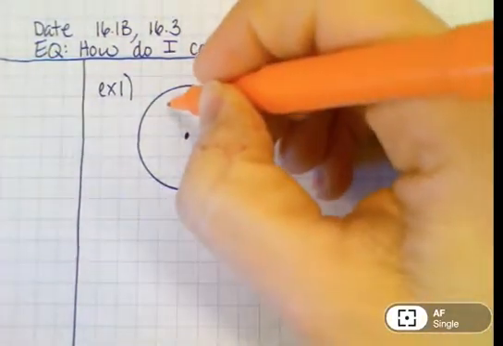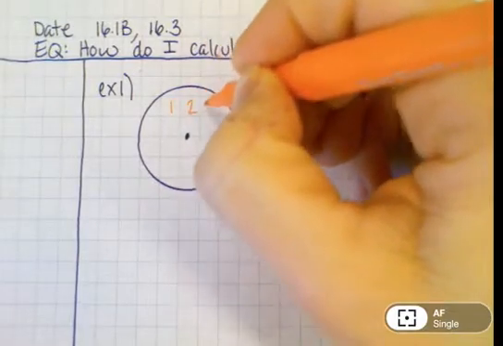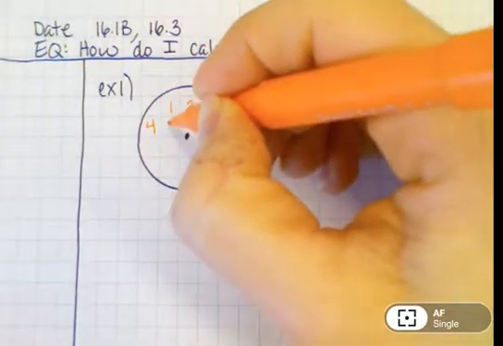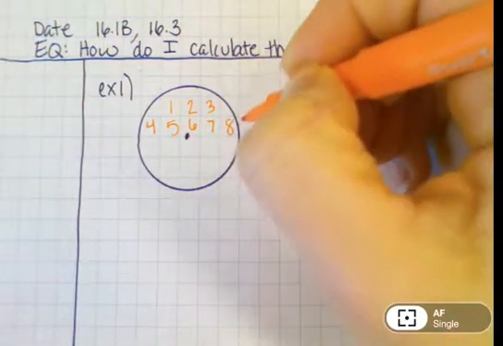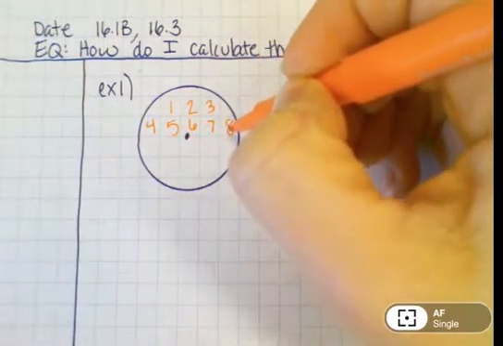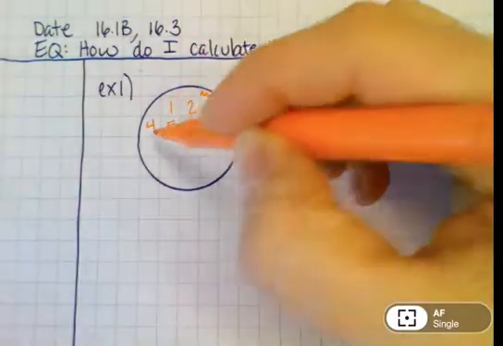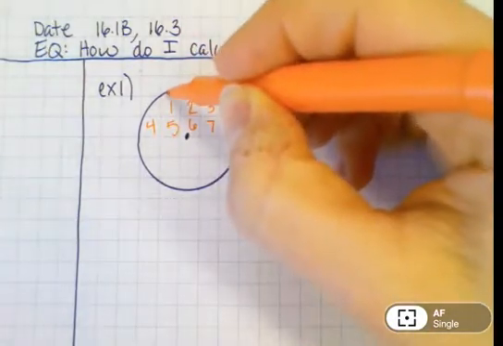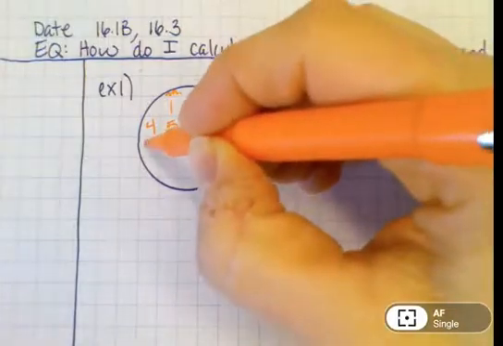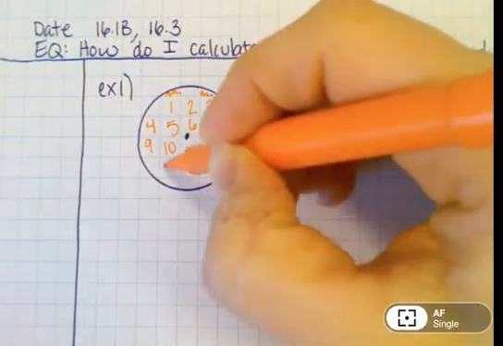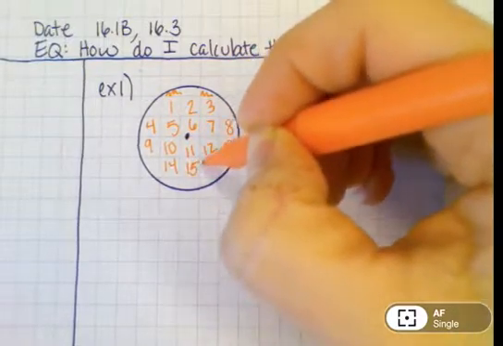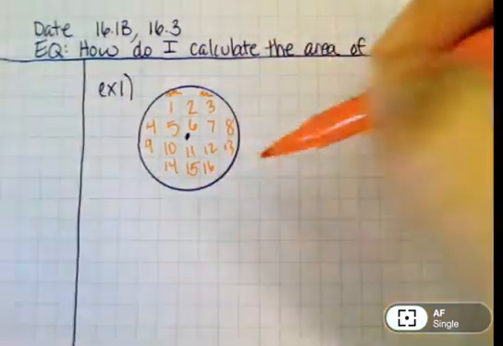So I'm going to count 1, 2, 3. This is almost a full square. 4, 5, 6, 7, almost. Maybe if I combined this with this, it would make a full square. And this with this, ish. Okay, let's see, 9, 10, 11, 12, 13, kind of. 14, 15, 16, and then we have some partial squares.